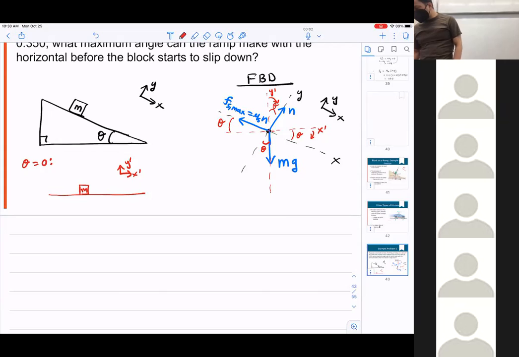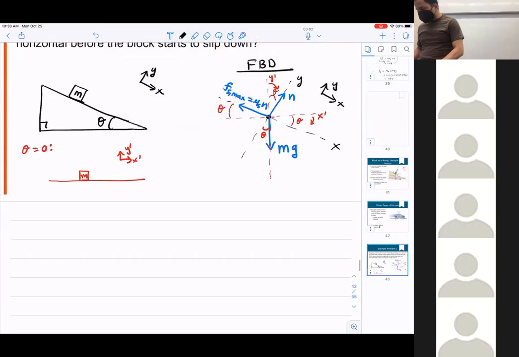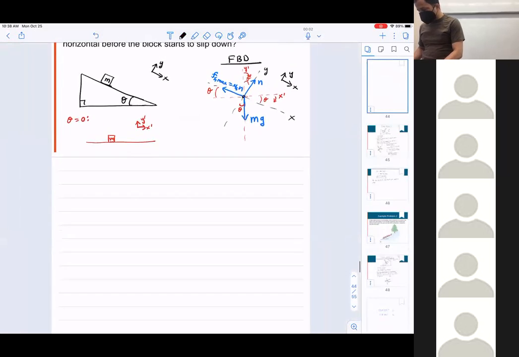And I'm just going to look at this particular angle here because I'm interested in resolving this vector into its two components. So let me just show you how that works. Let me just redraw that.